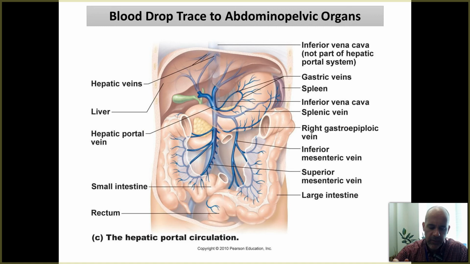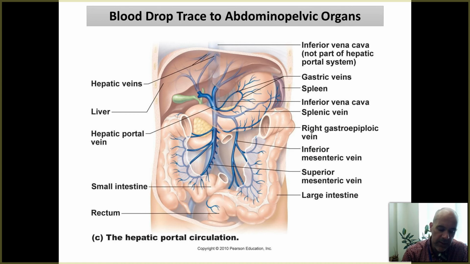Now if you look carefully here on the diagram of the intestinal tract, you can see the portions of the intestinal tract that are served by the superior and inferior blood vessels. So the superior mesenteric vein is really going to serve most of the small intestines. The small intestines have been stripped off of this diagram.